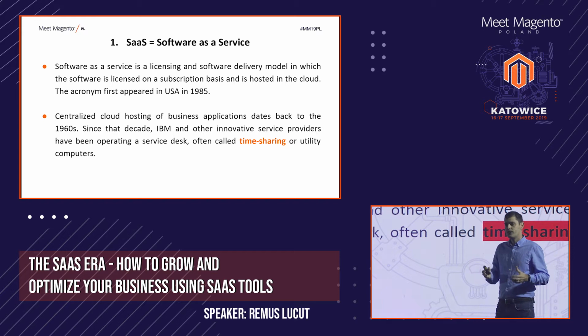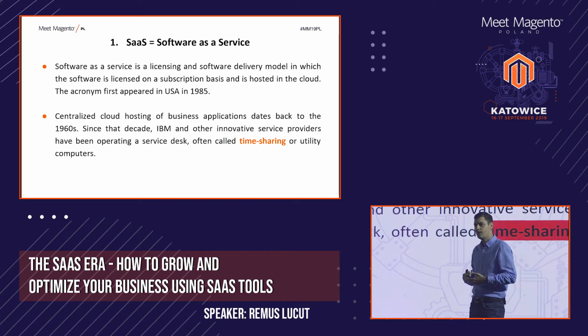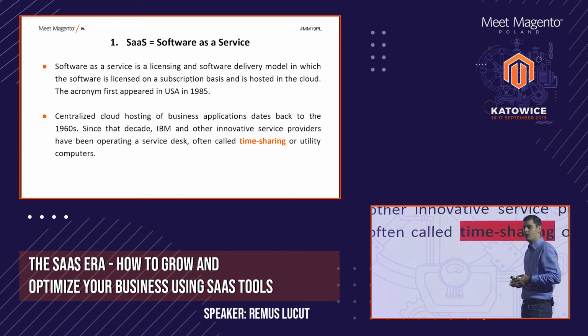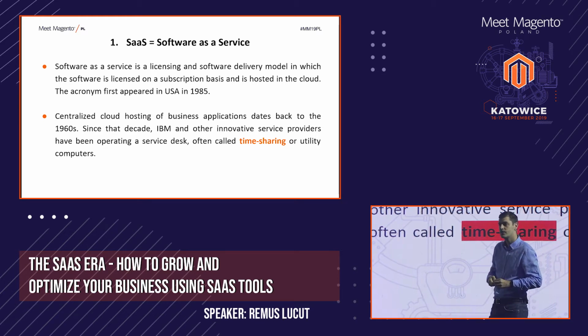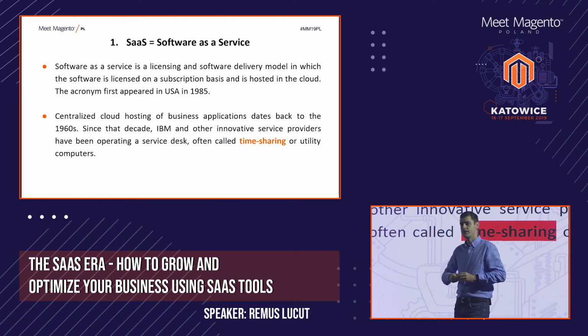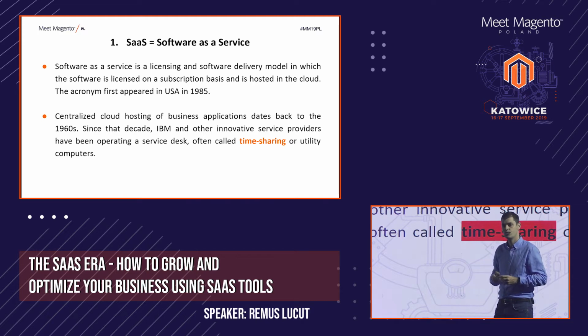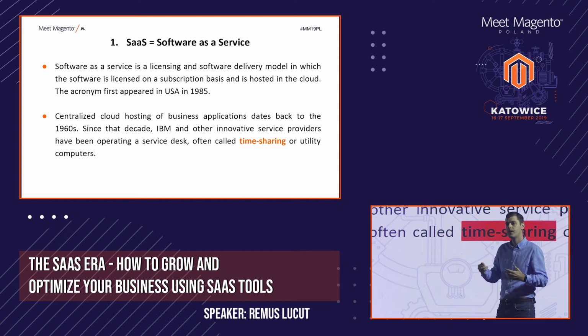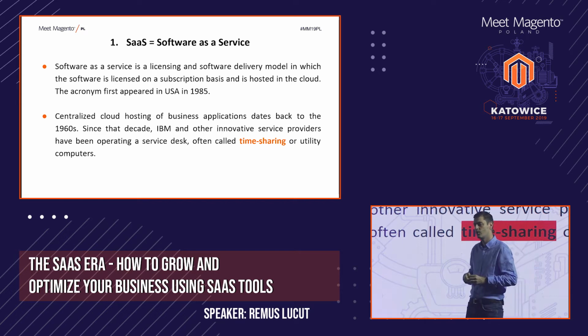This type of centralized cloud hosting helped companies like eBay and some other unicorns in this business start really early. Back in the 1960s, they were creating innovative services allowing different companies to share their technology and their expertise, and to be more competitive in the market.